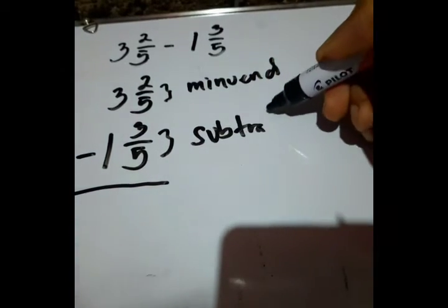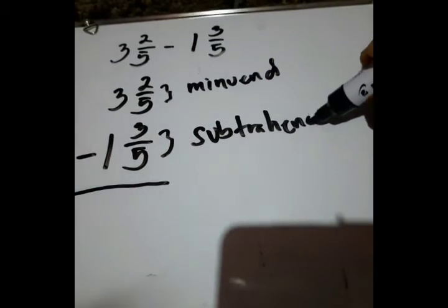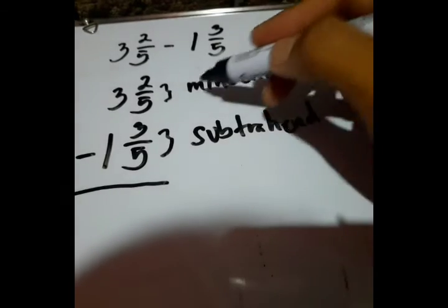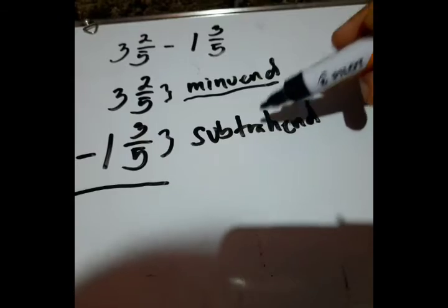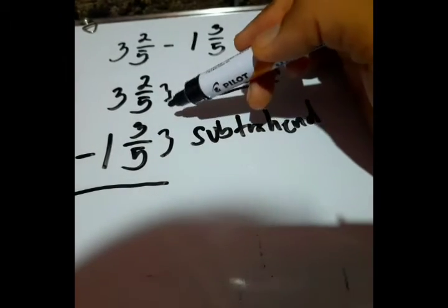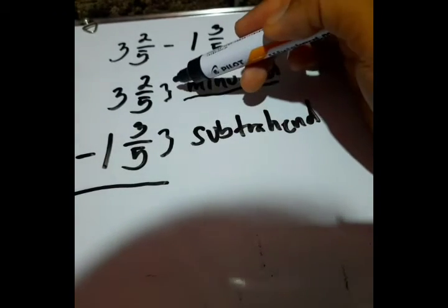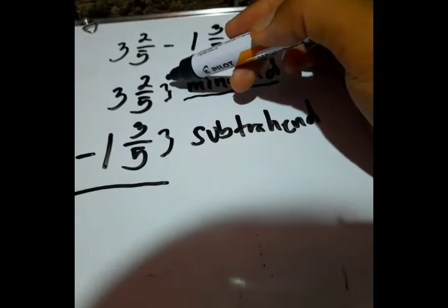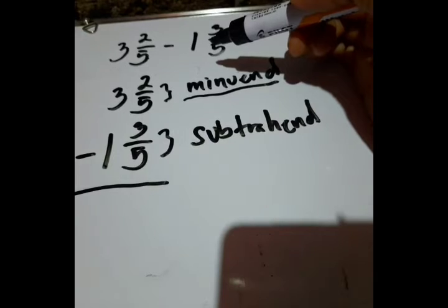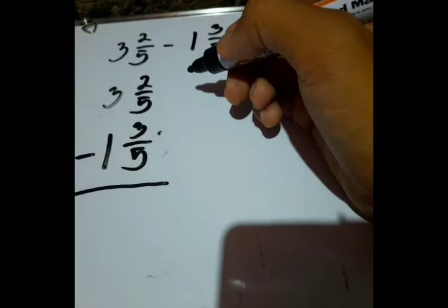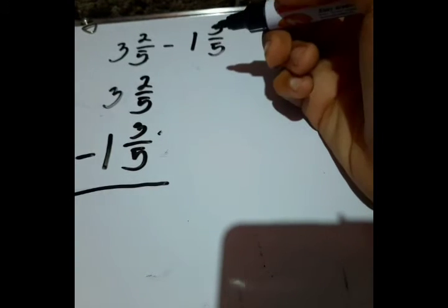Again, the minuend should be bigger compared to the subtrahend. Since the subtrahend here is bigger than the minuend, we cannot just proceed with the subtraction. So we have to do something about it.